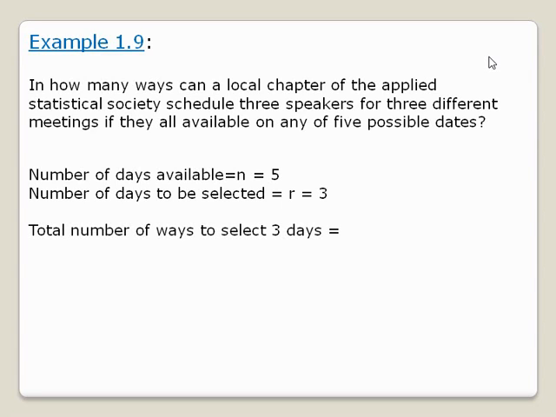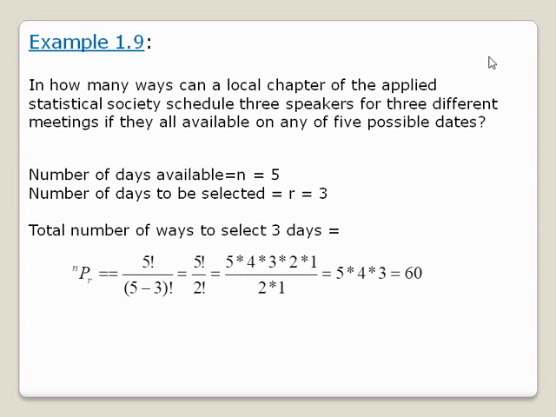Therefore, the total number of ways to select 3 days out of 5 will be 5 permutation 3. We can calculate that by 5 factorial divided by (5 minus 3) factorial. Hence, in the numerator, we have 5 factorial, and in the denominator, we have 2 factorial. If you expand the numerator, you will get 5 times 4 times 3 times 2 times 1.